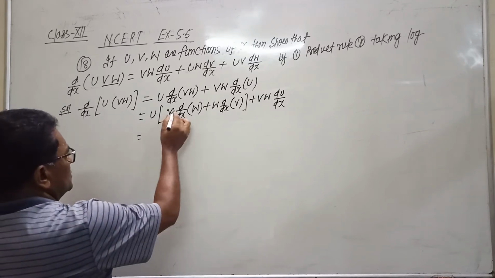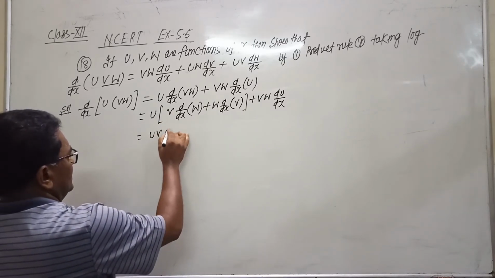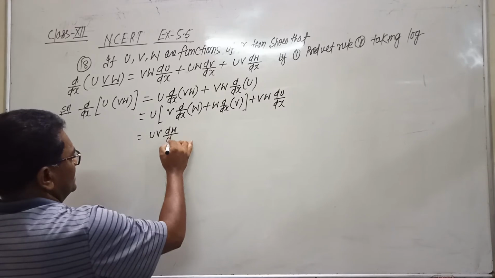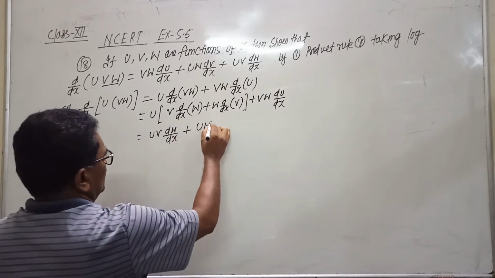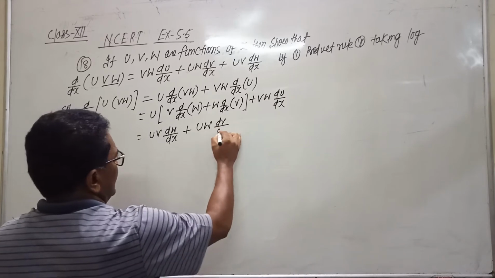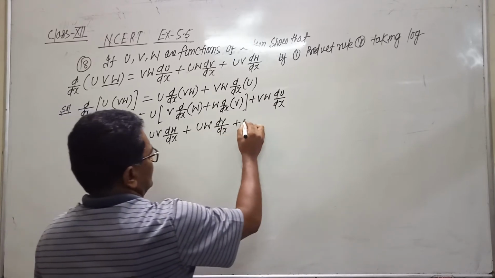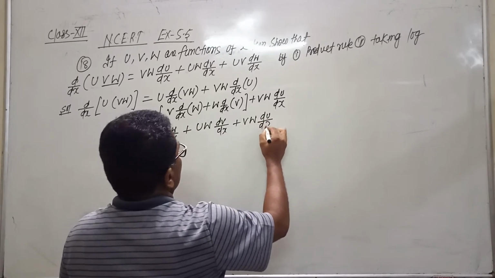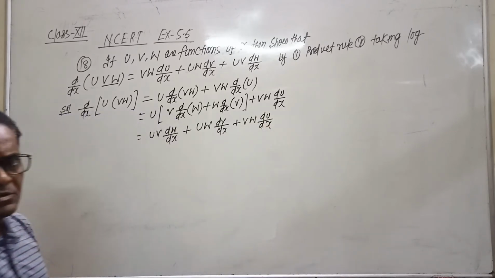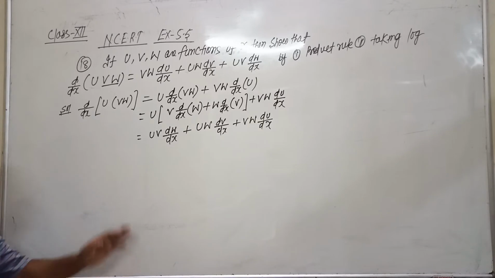Now u into v and this is dw by dx, plus u into w and this comes dv by dx, plus v into w and this is du by dx. So we get the result by using the product rule.